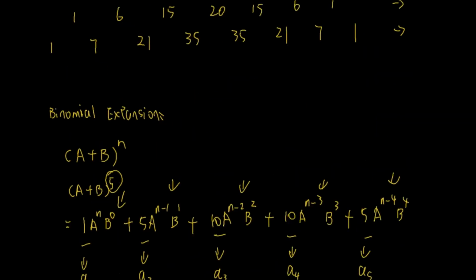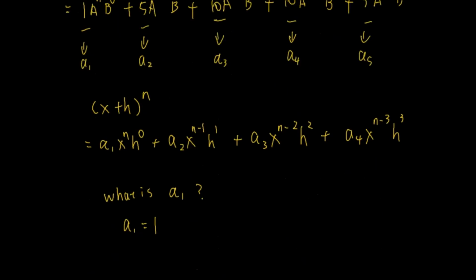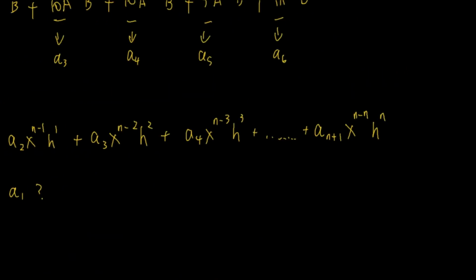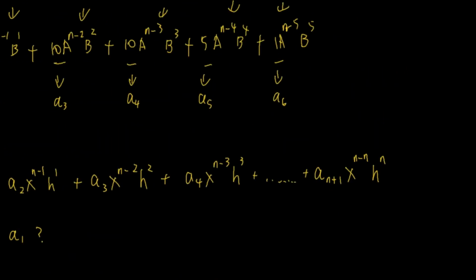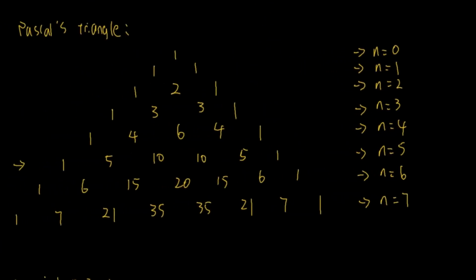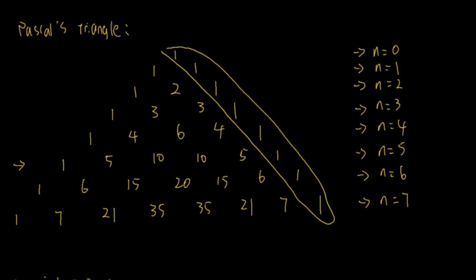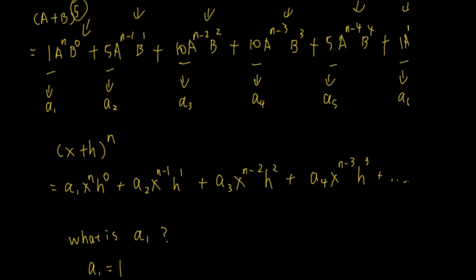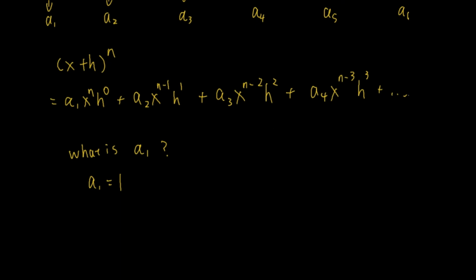Also, if you look at this Pascal triangle, look at the last term, a sub n plus 1. The last term is always having a coefficient in this row here, and that means it's always equal to 1 as well. So a sub n plus 1 is always equal to 1.